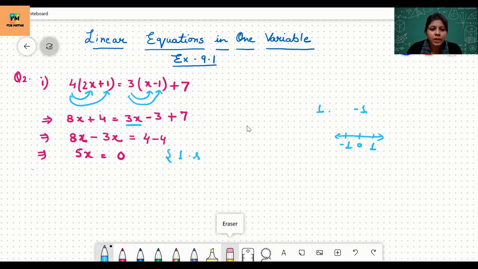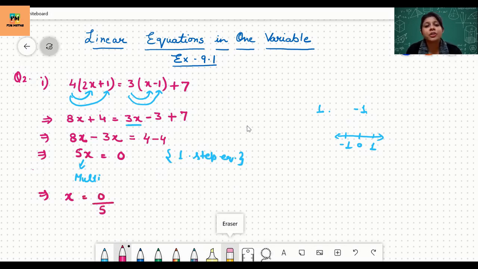Now, last step, this became what? This became a one-step equation. Right? Why? Because if you see, we have a number and a variable, and the hidden sign between them is multiplication. So we need to isolate x. We need to get rid of this number 5, which is attached to variable x. How? x is equal to 0 upon 5.